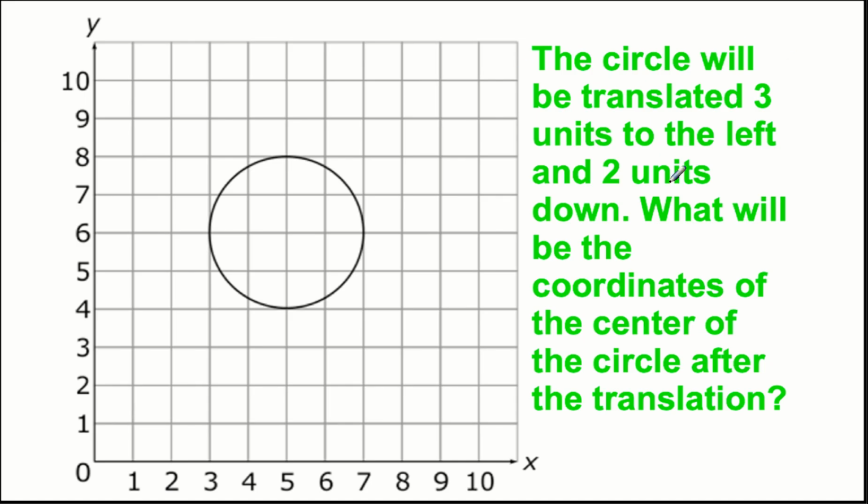All right, so 3 units left. First off, you need the center. That's the center right there. So 3 units to the left. We go 1, 2, 3. 2 units down. 1, 2. That's putting our new point right there. As she said, that is 2, 4. X value first, then Y value. Okay? Any questions on that one?